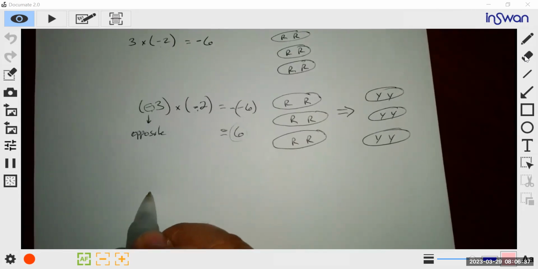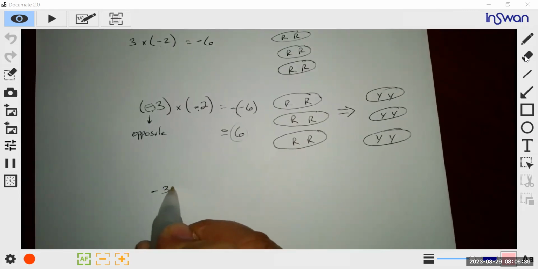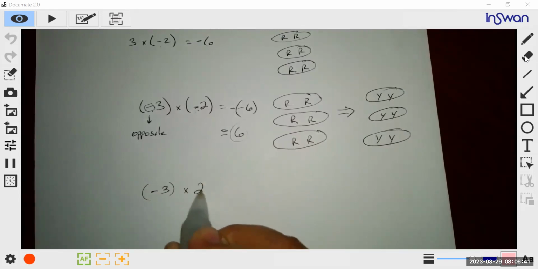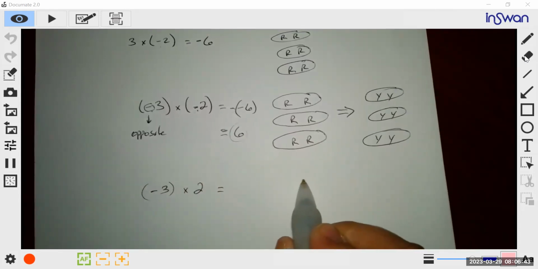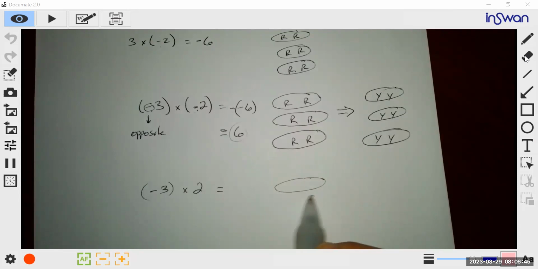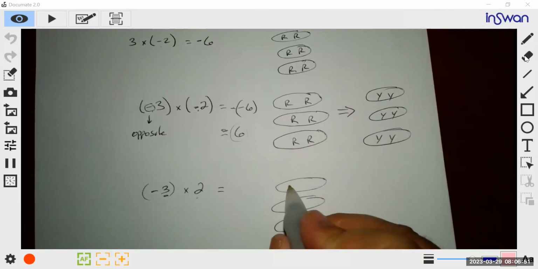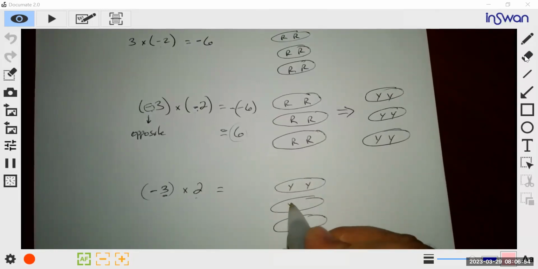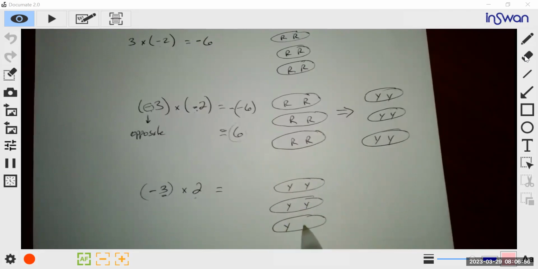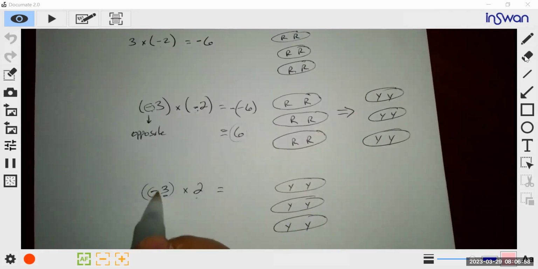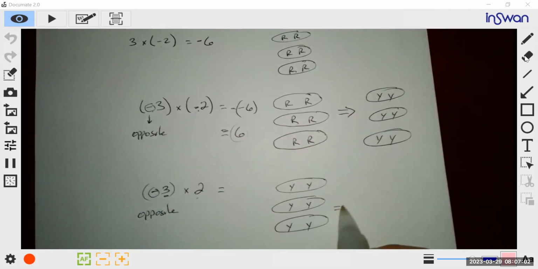Likewise, if we just had negative 3 times 2. So we have 3 groups of 2, so they're all positive. But this one makes them opposite. So we change their color.